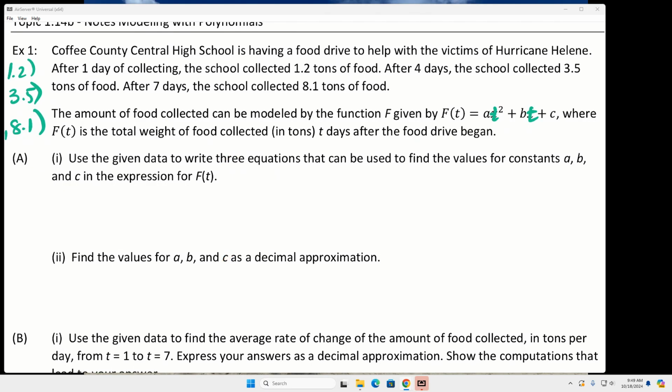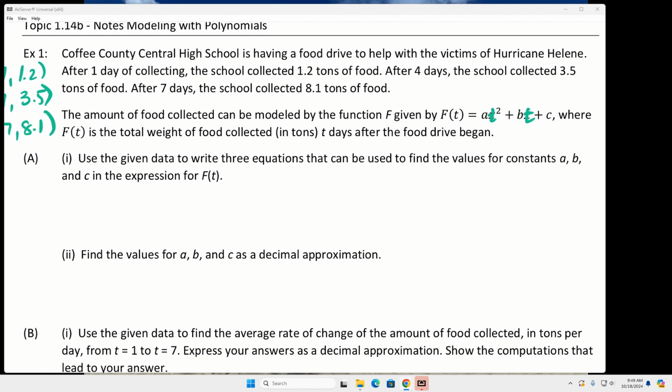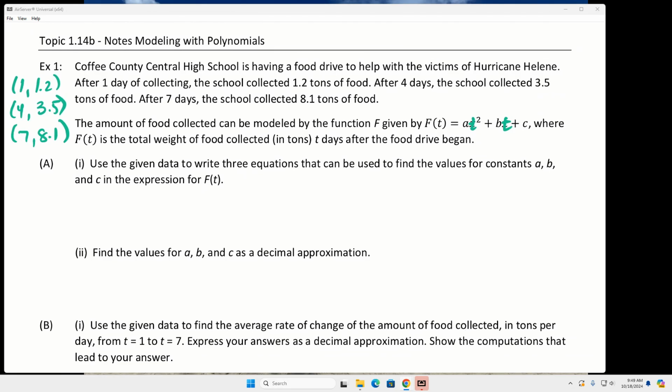So the first part, we are going to use the data to write 3 equations that can be used to find the values of the constants A, B, and C. And so we are going to take these ordered pairs and plug them in for f of t and for t. And so f of t is going to be the output. So our first equation is going to be 1.2 equals, and then A is A, it has to be there.